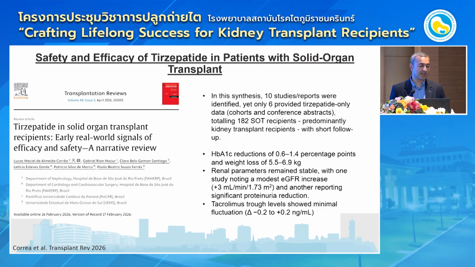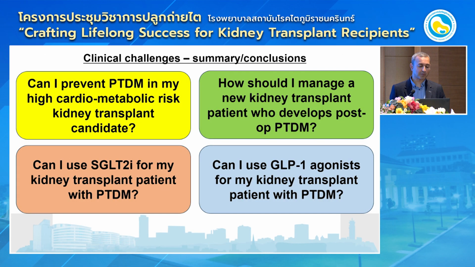There are very few studies, only about 182 transplant patients, but the early data suggest that you do see a glycemic benefit, you do see a weight loss benefit, and from a safety perspective, there are no concerns with either allograft function or tacrolimus therapeutic monitoring. So I think we should definitely be using more and more of these drugs, not just from a diabetes perspective, but obviously also from an obesity perspective as well.